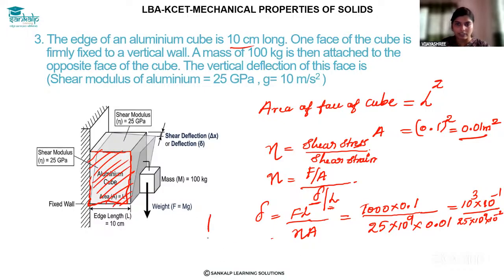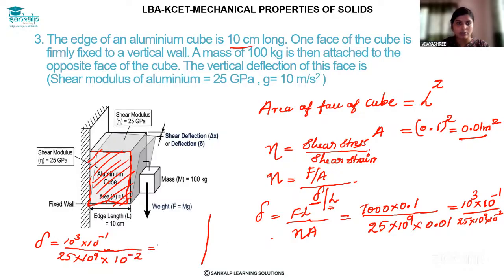So vertical deflection is 10 to the power 3 into 10 to the power minus 1 divided by 25 into 10 to the power 9 into 10 to the power minus 2.